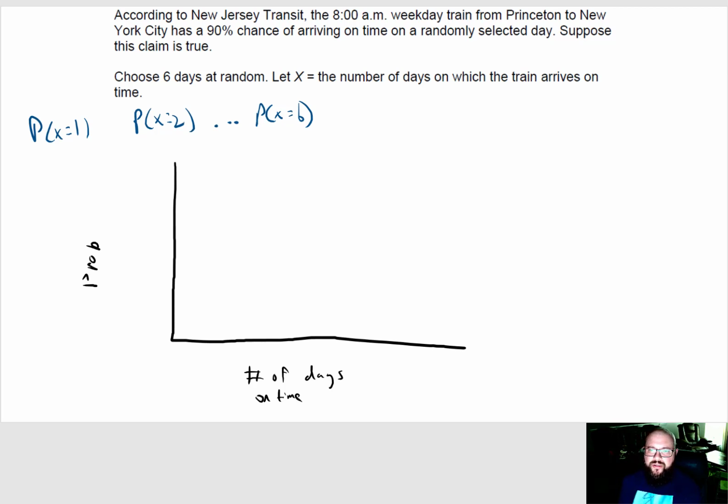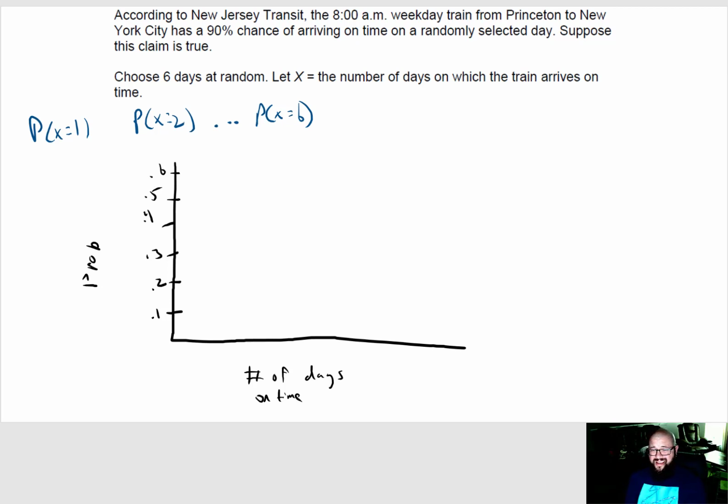Now, with our probability, as you can see, the highest probability of 6 out of 6 days arriving on time was 0.53. So I'm going to say our highest probability is going to go up to 0.6. So we're going to say 0.1, so in other words 10%, 0.2, 0.3, 0.4, 0.5, and then 0.6.